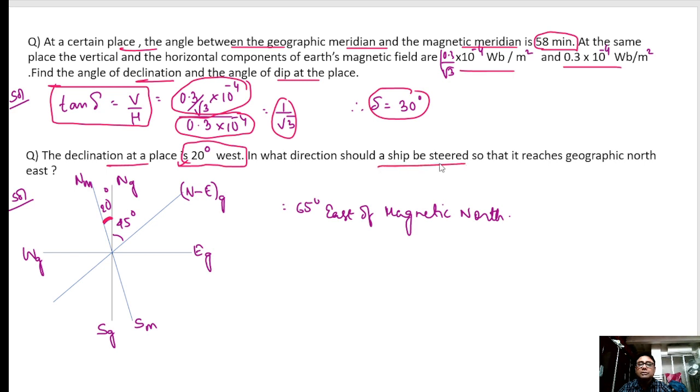In what direction should a ship be steered so that it reaches geographic northeast? Geographic northeast means this is 45 degree. That means the total angle is 65 degree. So 65 degree east of magnetic north, it has to turn. It wants to reach from here to here, that means it has to turn through an angle of 65 degrees.